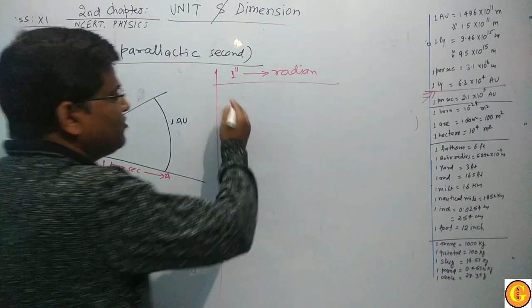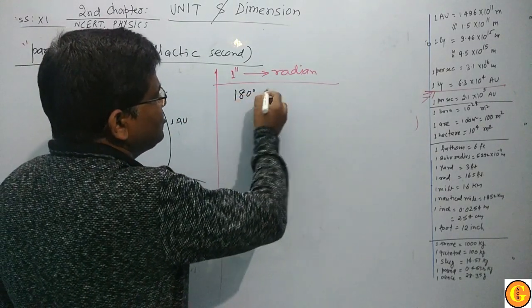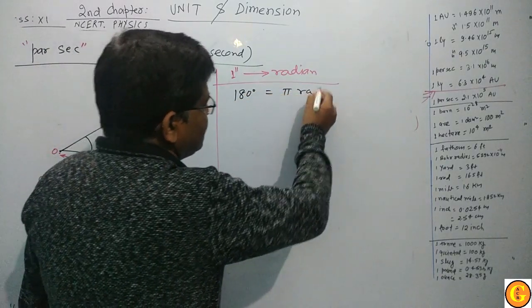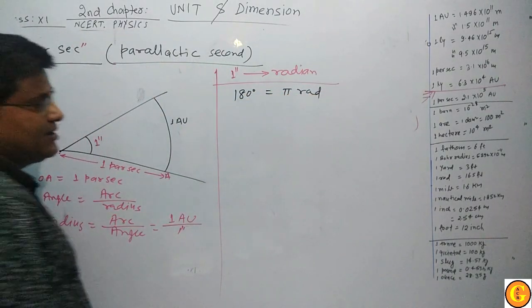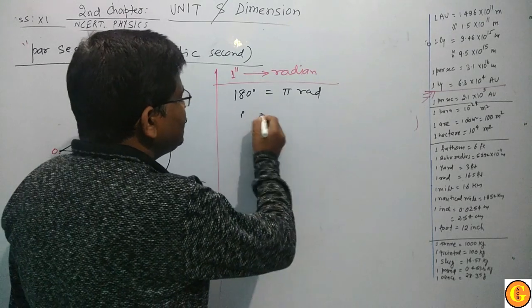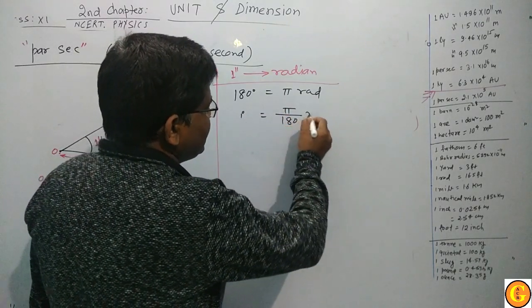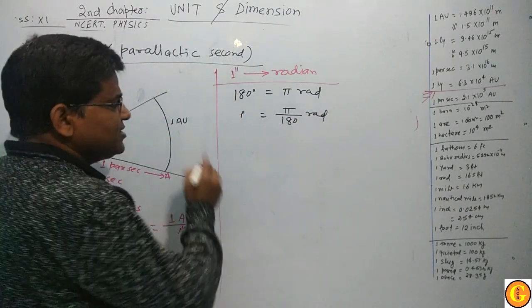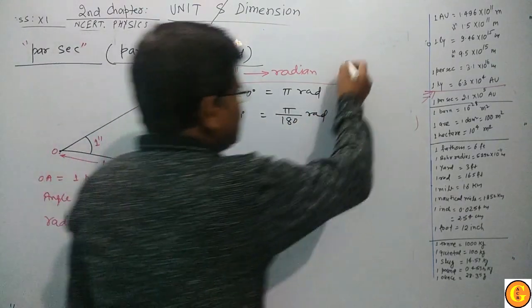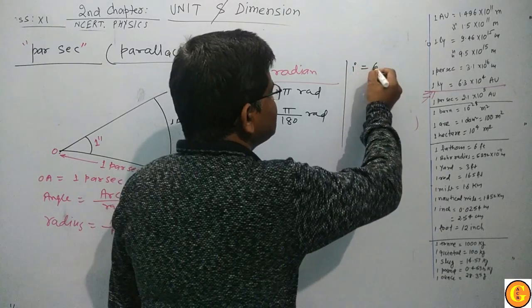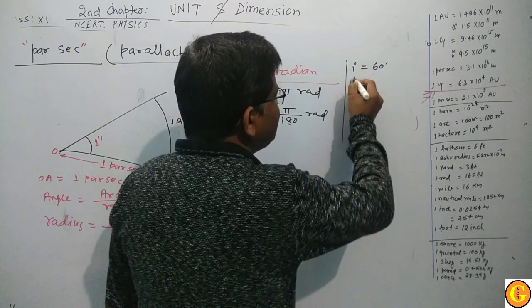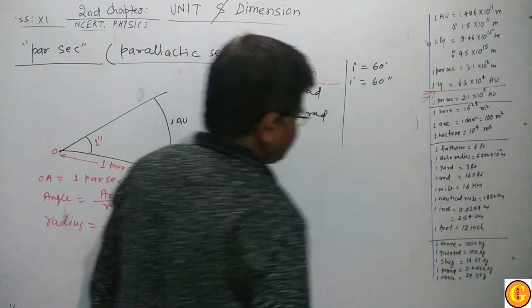As you know, 180 degree equal to pi radian. Then 1 degree is equal to pi upon 180 radian. In 1 degree there are 60 minutes, and 1 minute is equal to 60 seconds.